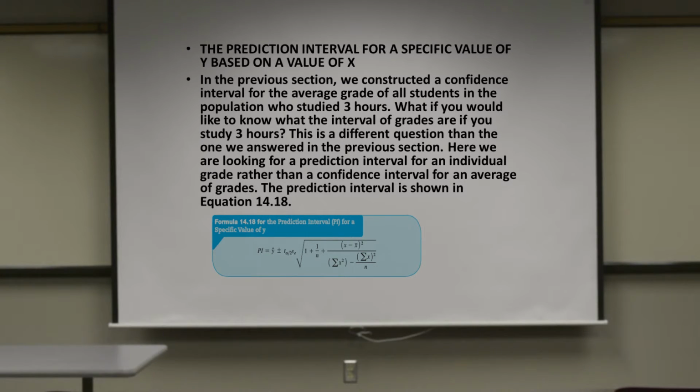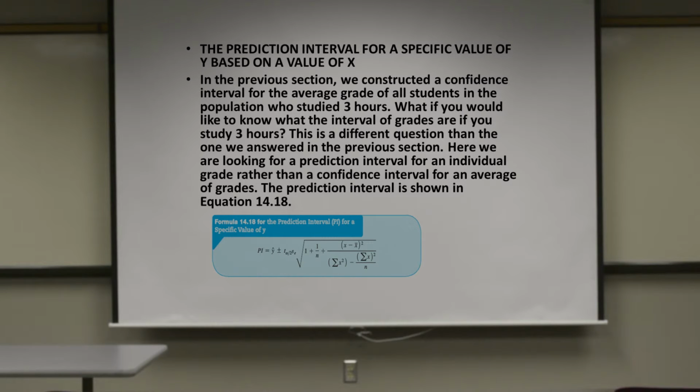The prediction interval for a specific value of Y based on a value of X. In the previous section, we constructed a confidence interval for the average grade of all students in the population who studied 3 hours. What if you would like to know what the interval of grades is if you study 3 hours?